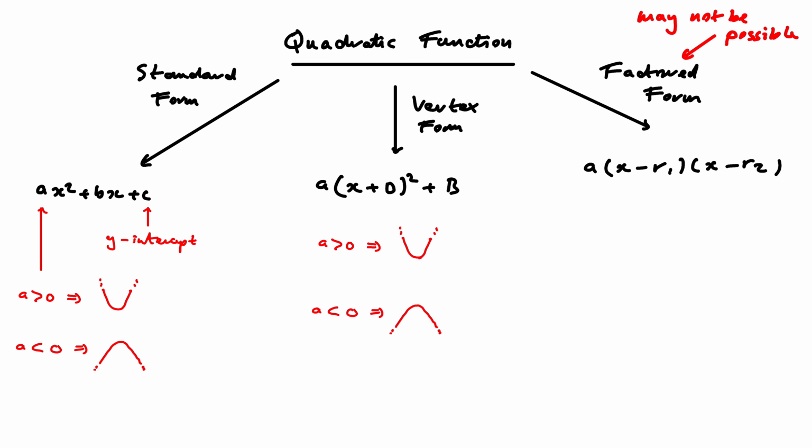So in both cases, this position is (-d, b). That's really useful. And for the last case, other than the a telling you if you're upside down or not, what you can really read off are the x-intercepts, so you can read those off fairly painlessly.